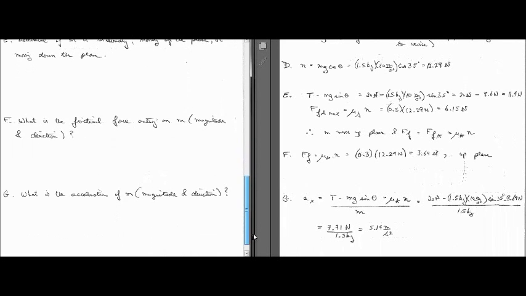My apologies. Then part G: what is the acceleration of m? We simply take Newton number 2 in the x direction, divide by m, and plug in all the numbers.